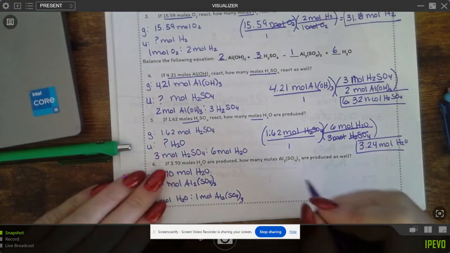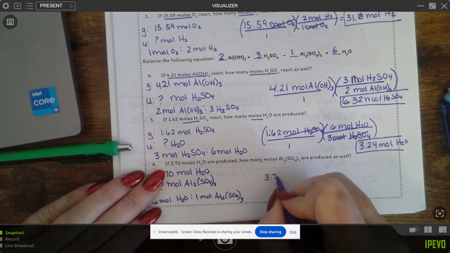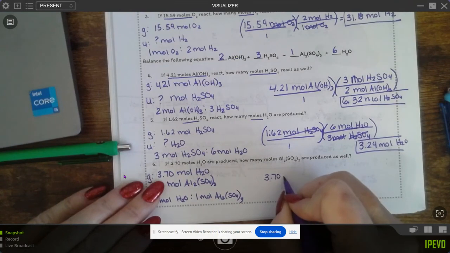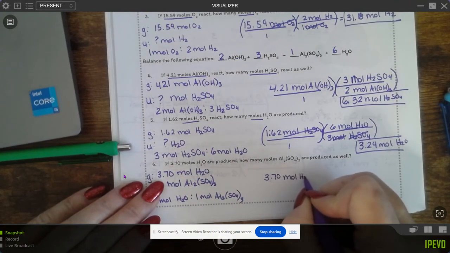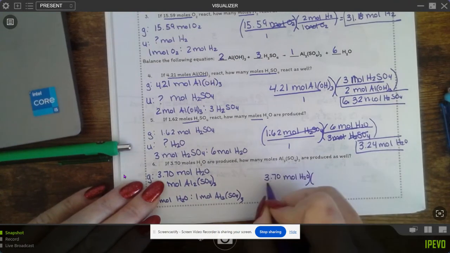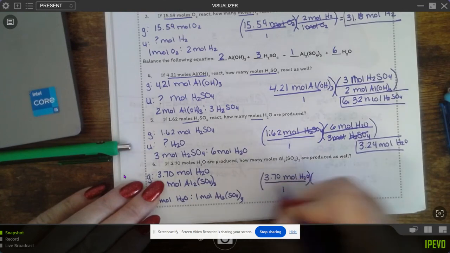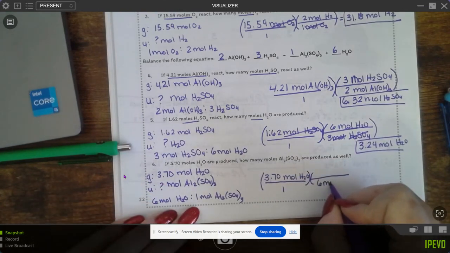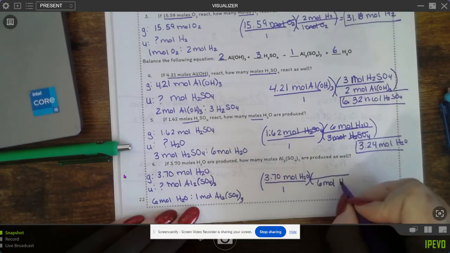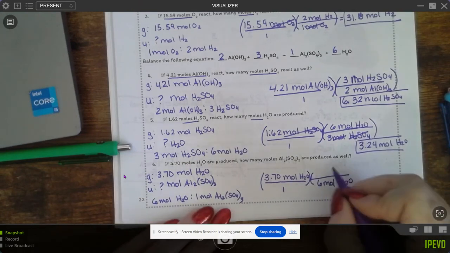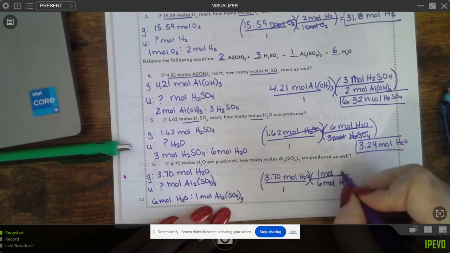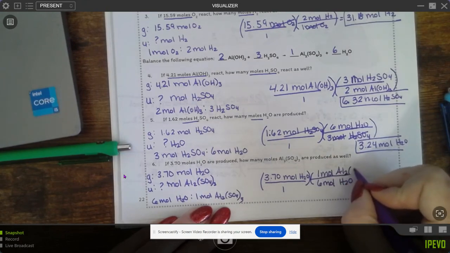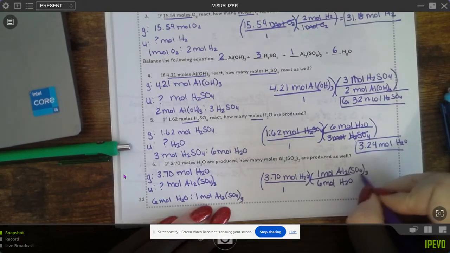All right, so my given, 3.7 moles of H2O, so 6 moles H2O on the bottom, 1 mole Al2(SO4)3 on the top.